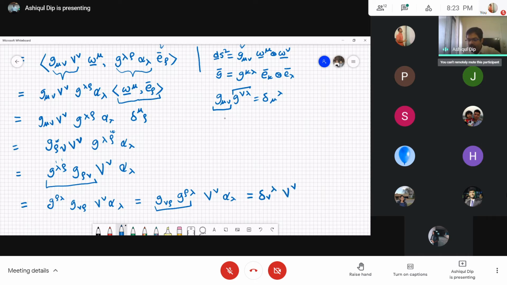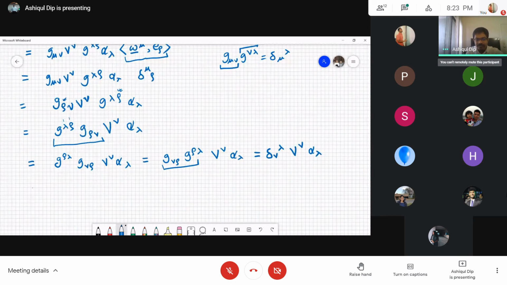So we are having this, right? Now, if you again sum over any of those indices, either lambda or mu, you'll finally have this thing. Say we are summing over lambda.